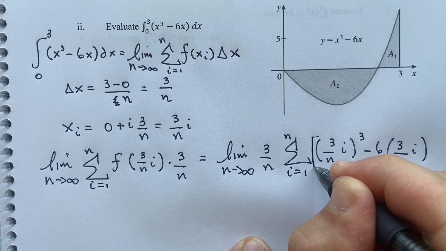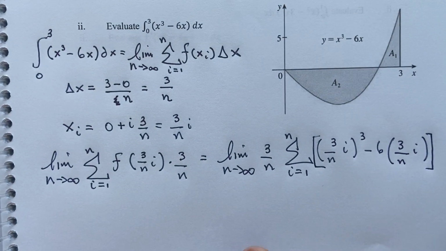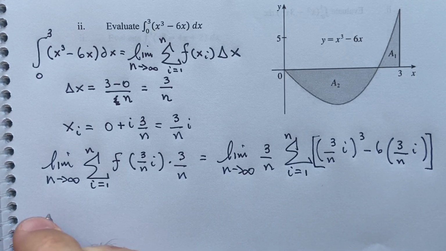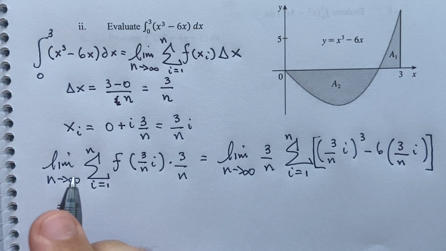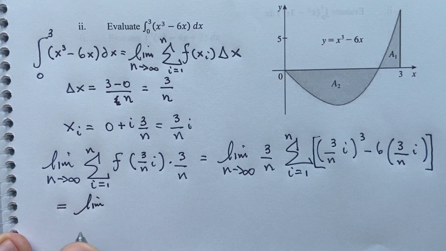So all of that is in the sum. Okay, so I can go ahead and cube now. So cubing these things, it's a lot to write, I realize. So take your time.